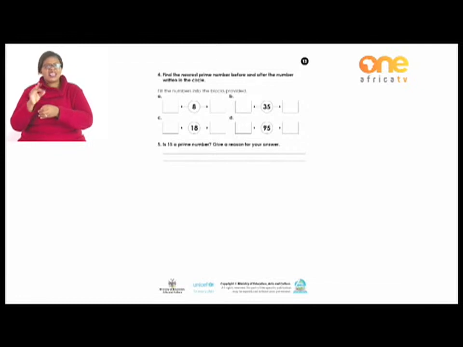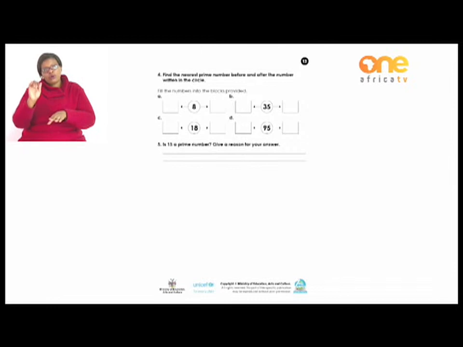Because 9 is not a prime number. Because the factors of 9 are 1, 3, and 9. So it's not that we are looking for odd numbers here. We are looking for prime numbers. So just be vigilant on that one. Now that I've given you an idea on how to do A, I'm sure you'll be able to do the rest.